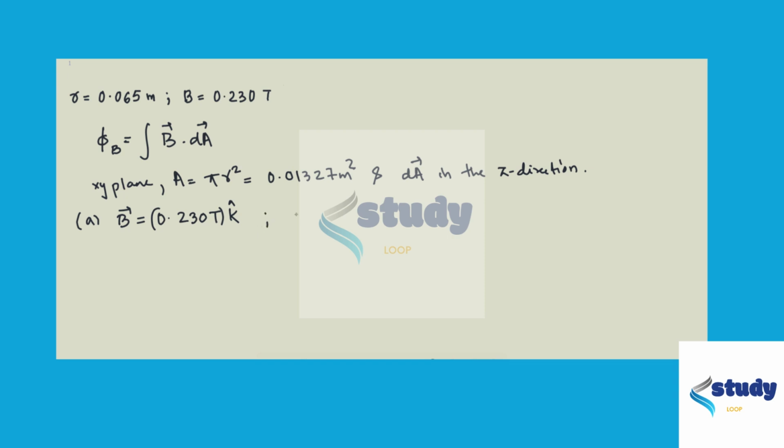This means that dB vector and dA are parallel because both point in the same direction. And we know that the dot product is given by the magnitude of both the vectors times the cosine of the angle between them. So when these two are parallel, as in the first case, phi is 0.